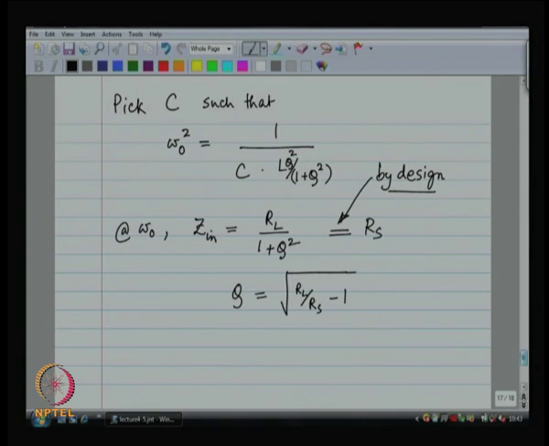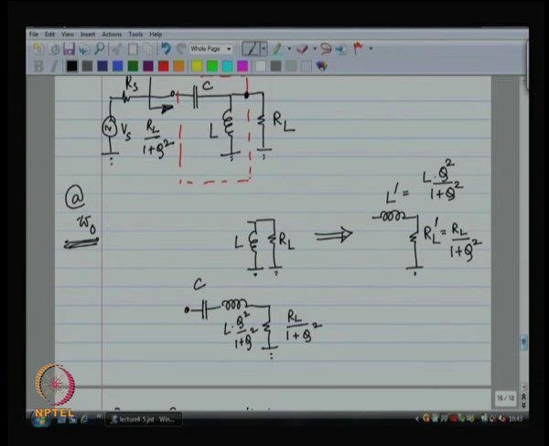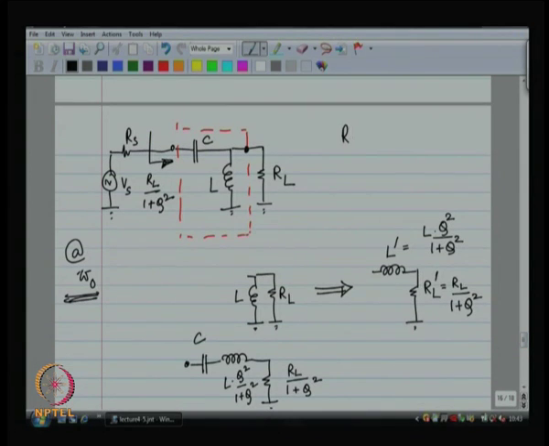Okay. So, this technique works only when R L is greater than R S.